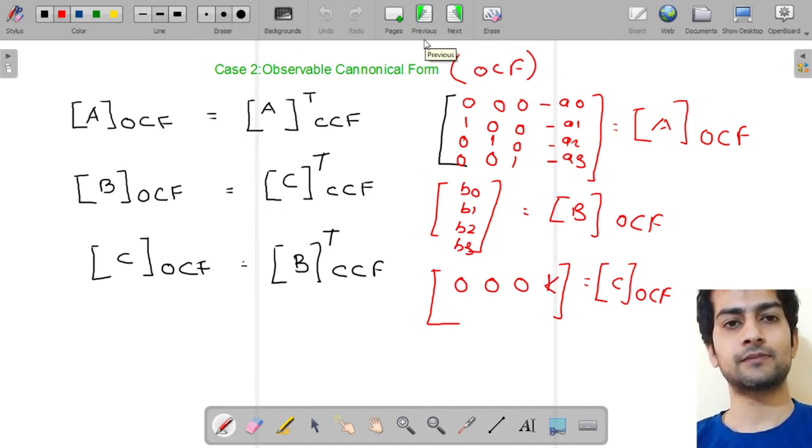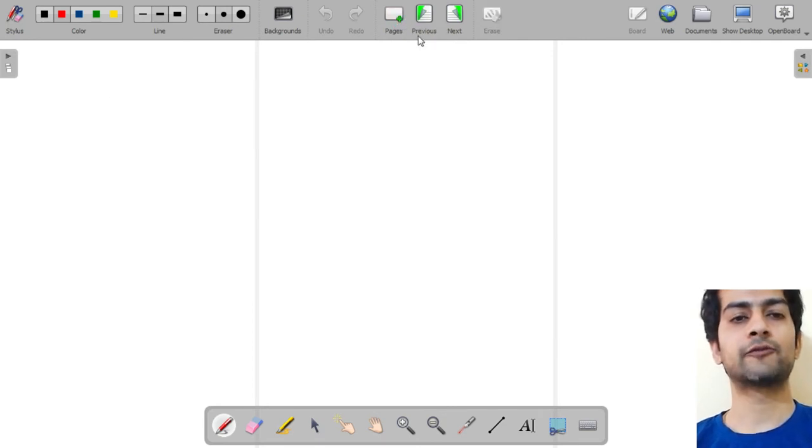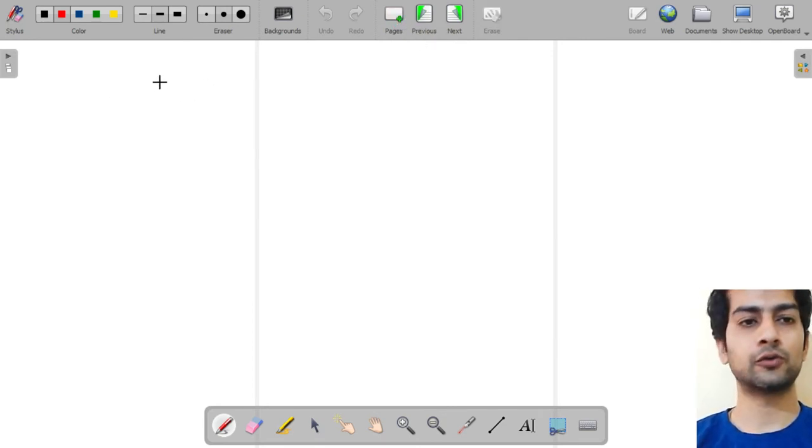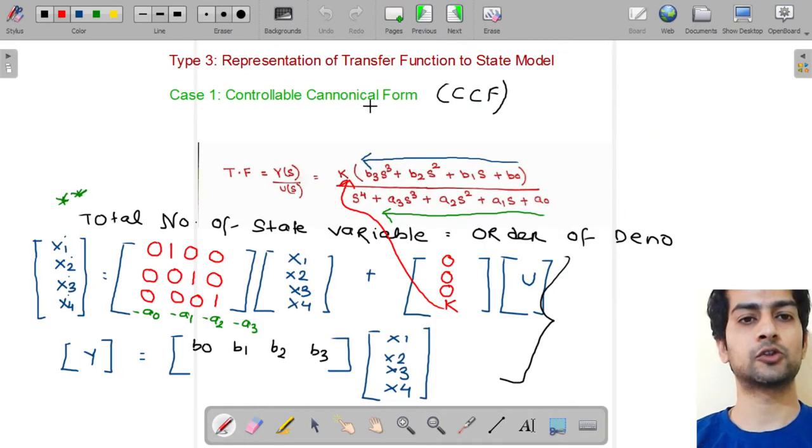So see, what I have taught you, I have taught you many shortcuts here. Suppose you are given a TF, meaning a transfer function, and it should be in this form, which I have also shown you.